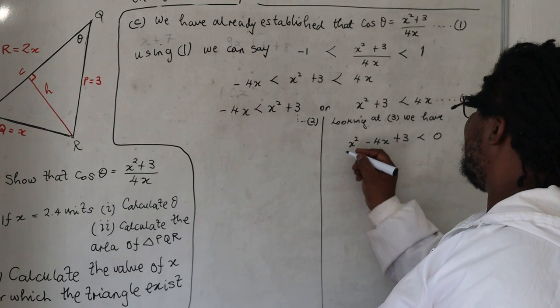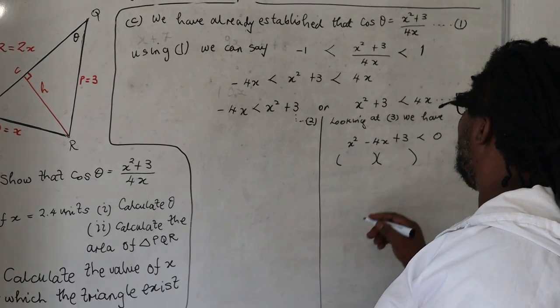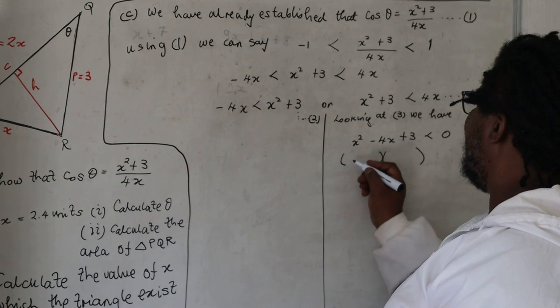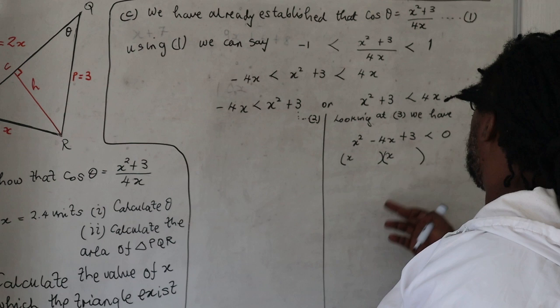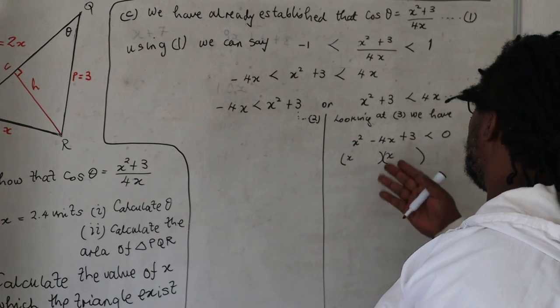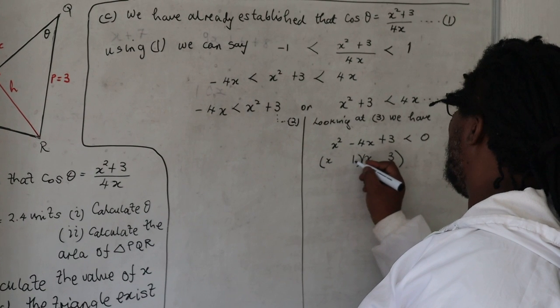Then we can factorize, and in factorizing we know x factors are x and x. The factors of 3 that will give us 4 are 3 and 1.